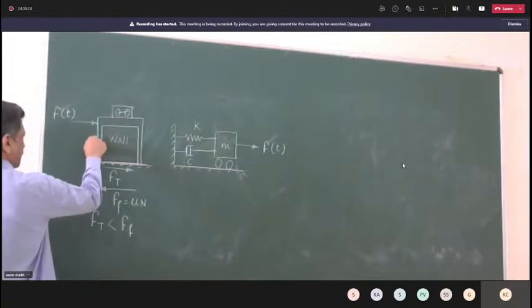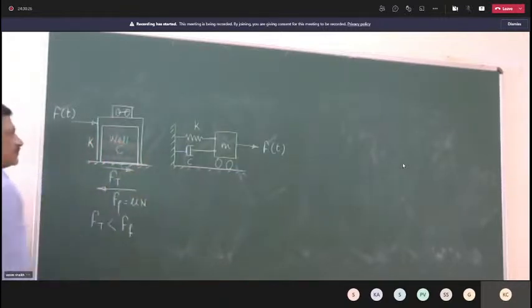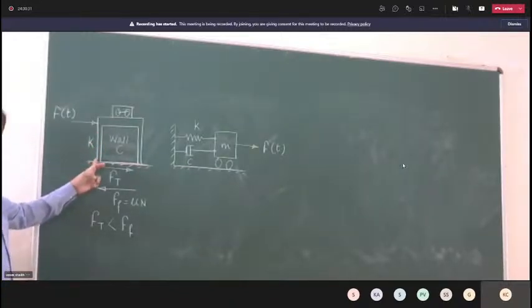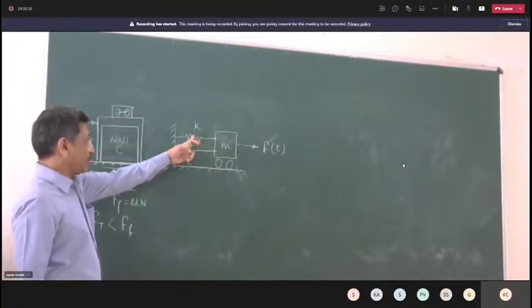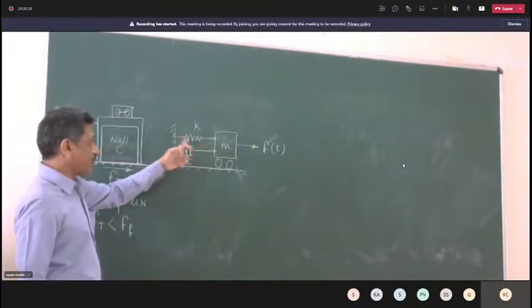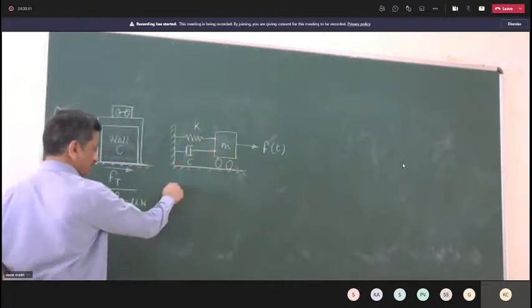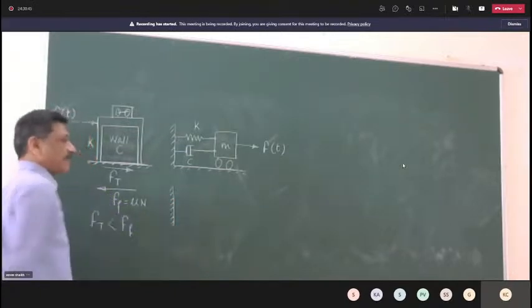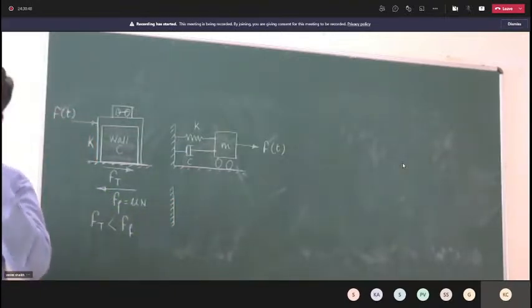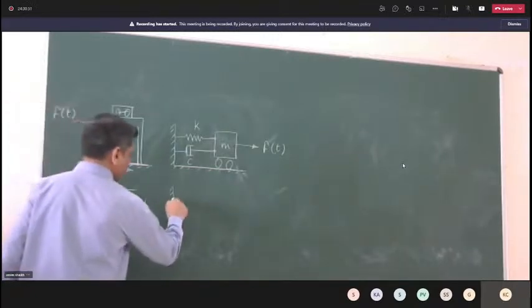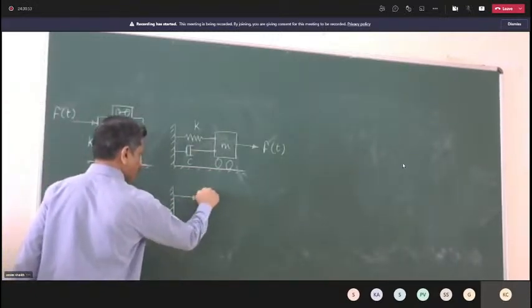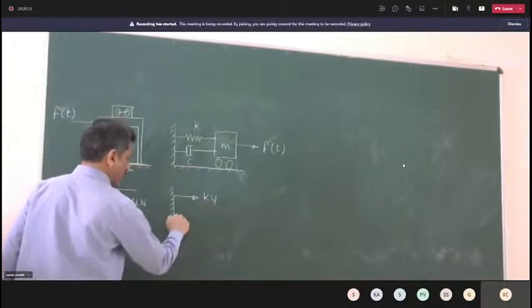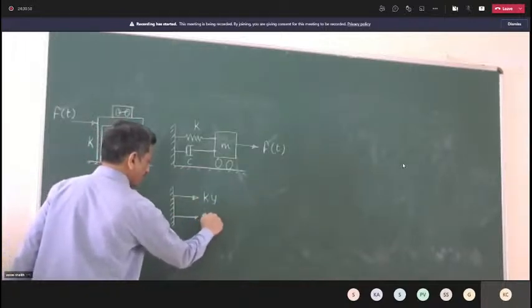Here is the stiffness, damping coefficient, columns are connected to foundation, damping force is also connected to the foundation. So, elastic force is connected to foundation, damping force is connected to foundation. This vertical line represents the supporting line. And force transmitted on this is the elastic force Ky and the damping force C y dot.